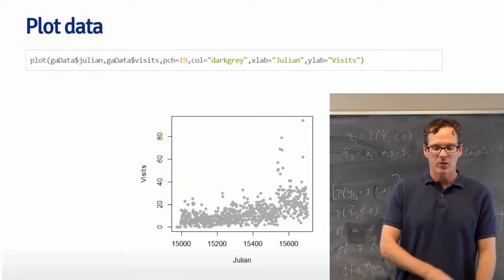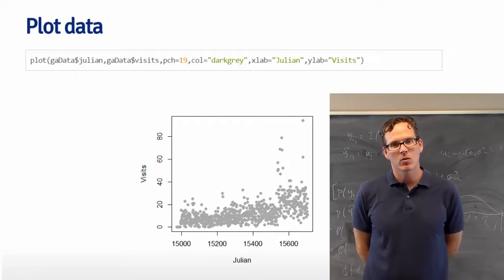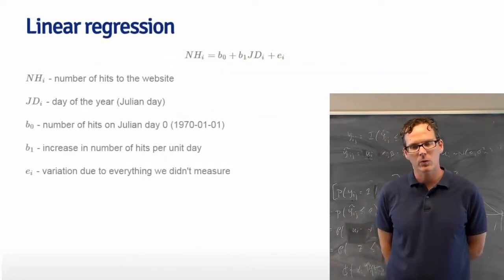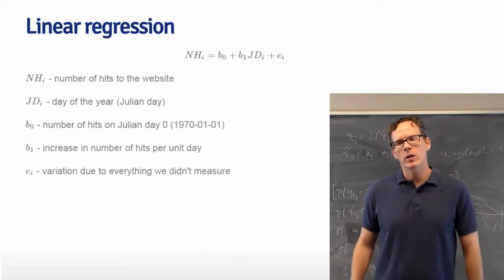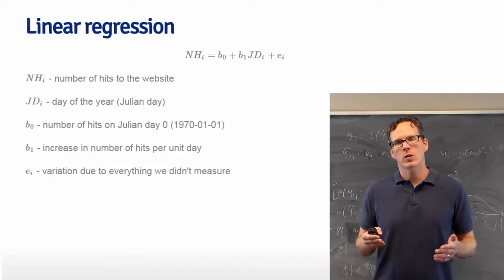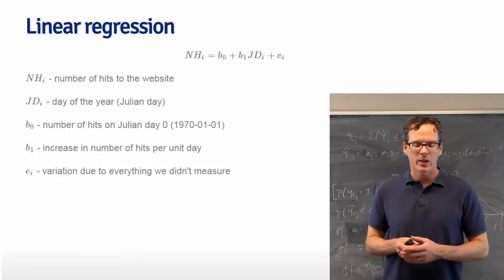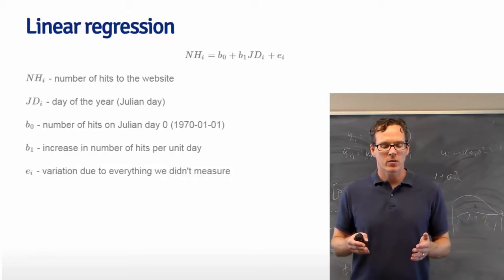So here's a plot of the data set. The Julian date is on the x-axis and the number of visits is on the y-axis. Now, we've covered in the last lecture some of the shortfalls of linear regression when we try to model count data, or in that case, binary data. So let's not rehash that same topic.